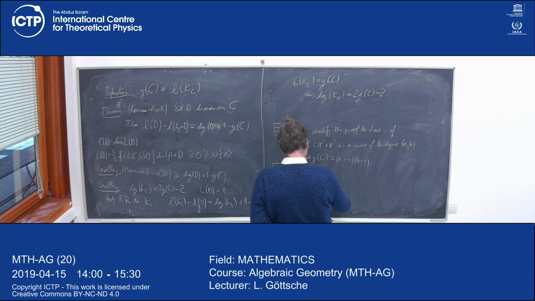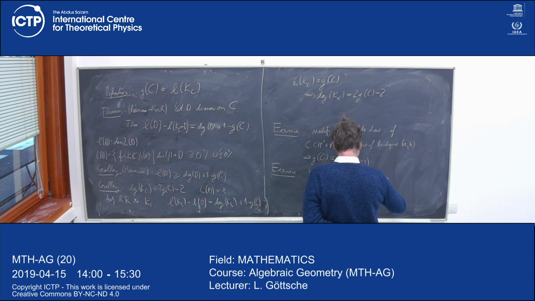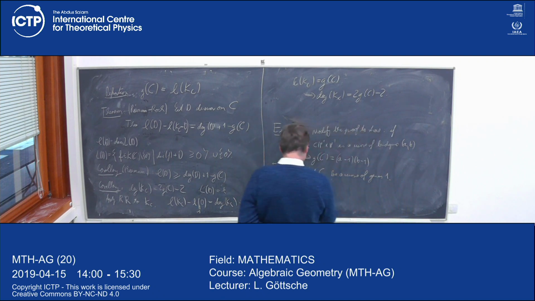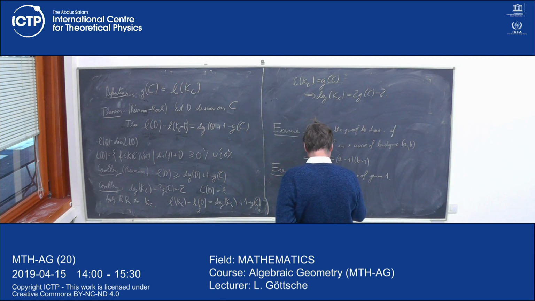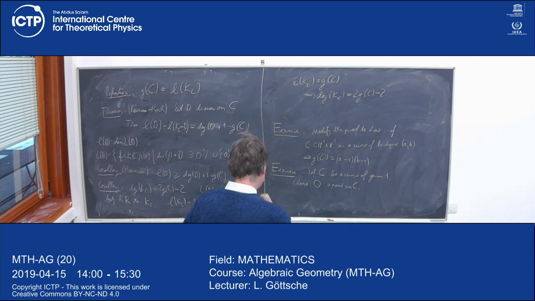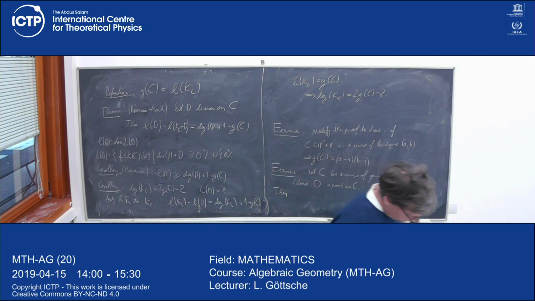So let C be a curve of genus 1, and choose any point, which I call O, not to be confused with 0, because somehow it will be the zero element, any point in C. Then, now I have to look at the statement quickly.